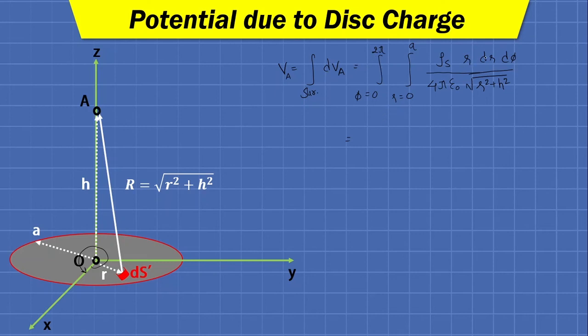Now when we integrate with respect to r, the r is present in the numerator and it is also present with some complexity in the denominator. So to reduce that complexity, we will adopt the variable manipulation technique. We have already done this in prior lectures. Again we are doing the same thing.